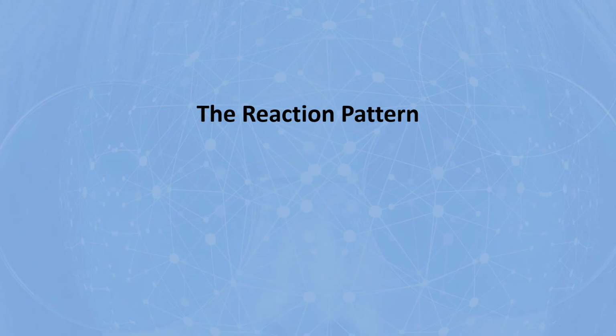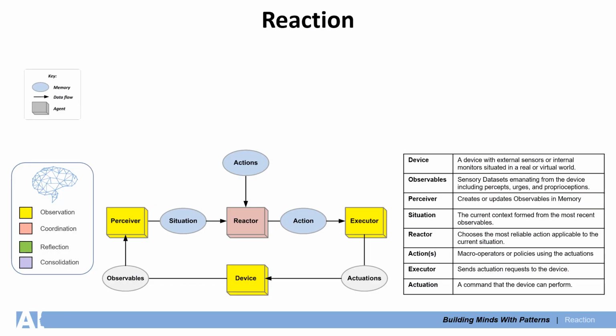So to recap, the reaction pattern allows the system to respond reflexively to the environment. The forces for using the reaction pattern include situations where a system requires immediate responses to its environment. A device forwards observables to a perceiver component.